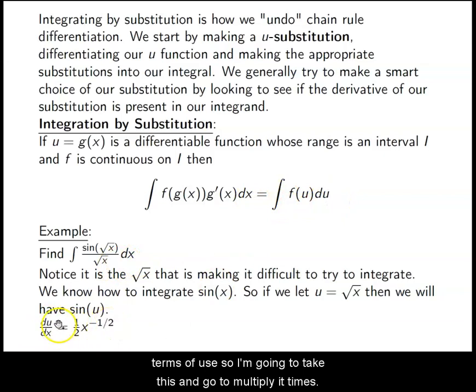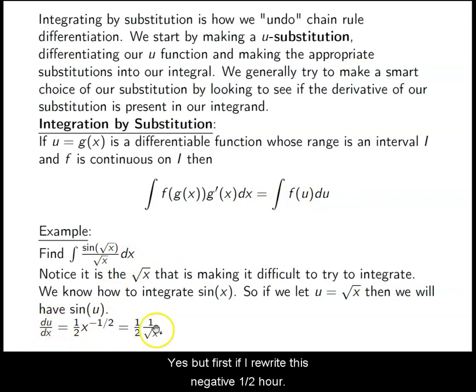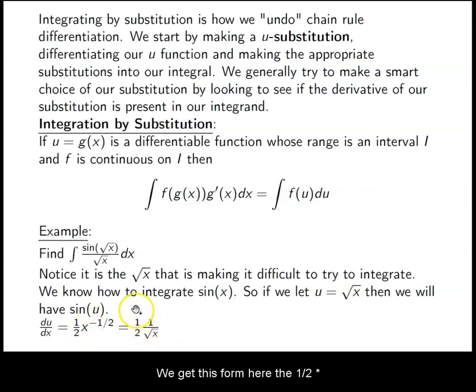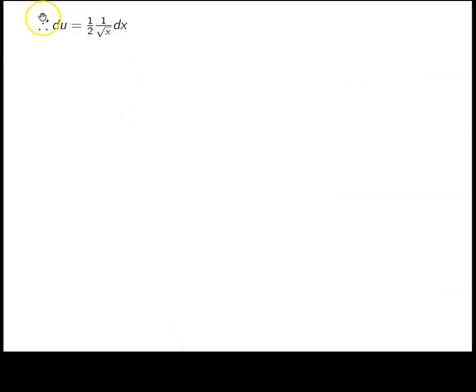So I'm going to take this and I'm going to multiply it times dx. But first, if I rewrite this negative 1/2 power, we get this form here, the 1/2 times 1 over square root of x. I then multiply both sides times dx, and I have du equals 1/2 1 over square root of x dx.